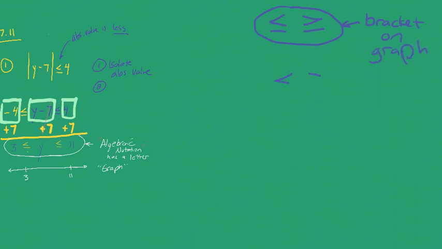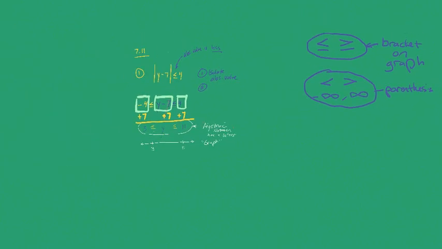And anytime you have less than or greater than without the line underneath, without the or equal to part, or you have negative infinity or positive infinity, on all of these, we're just going to use a parentheses. So bracket if it's got a line underneath.